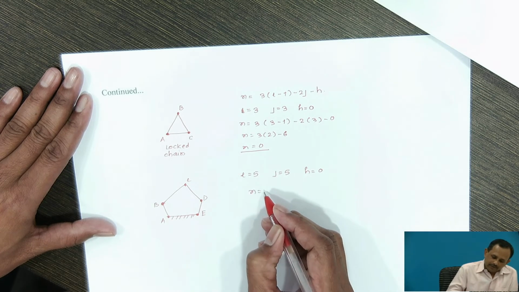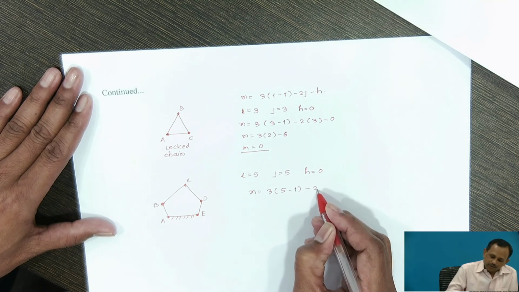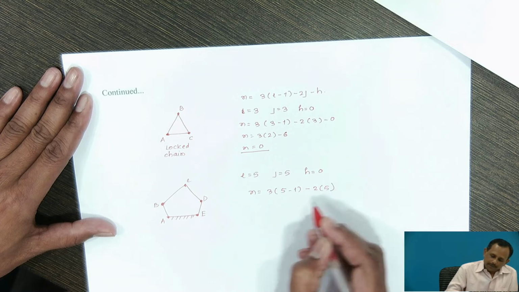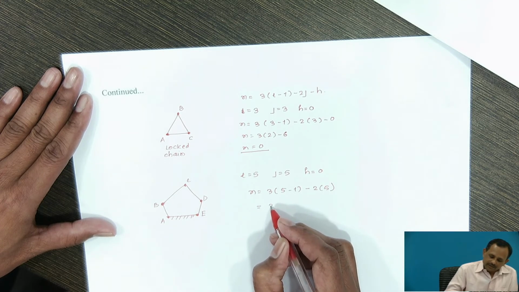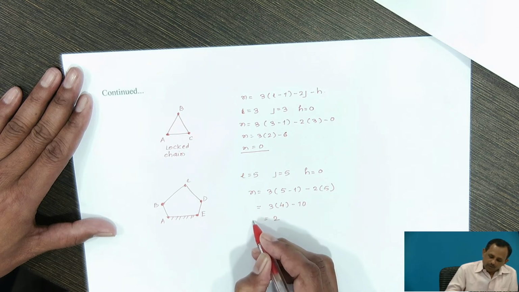Therefore, N is equal to 3 into (5 minus 1) minus 2 into 5. Therefore, 3 into 4 minus 10, that is equal to 2.